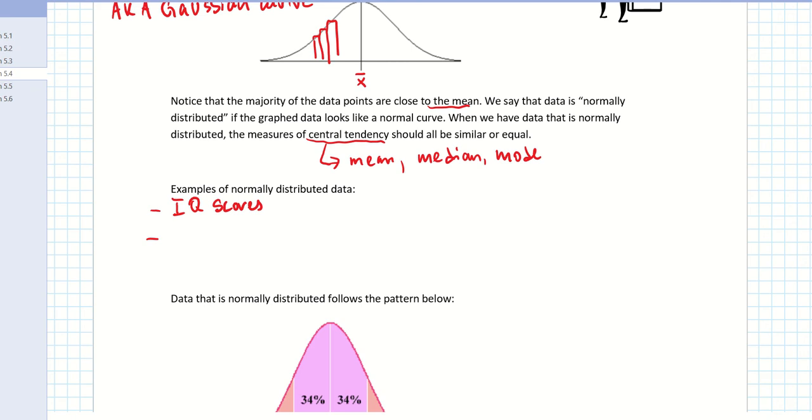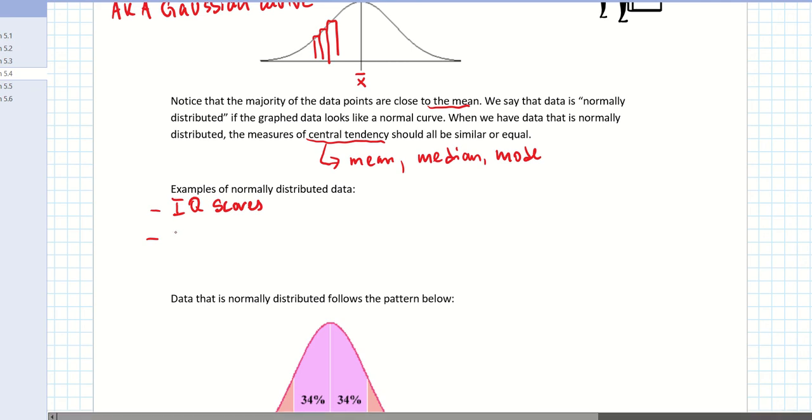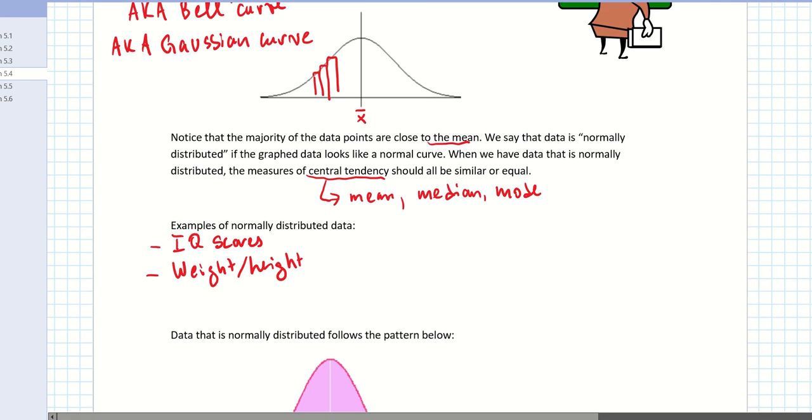Other things that follow the same pattern are people's weight and height. So if you take all the people in the world and you measure their height or their weight, you're going to see that most people follow the same curve that we see here.